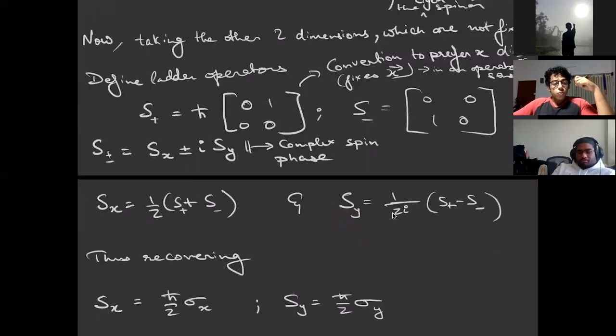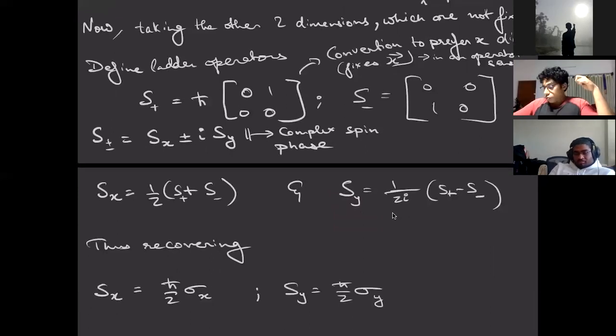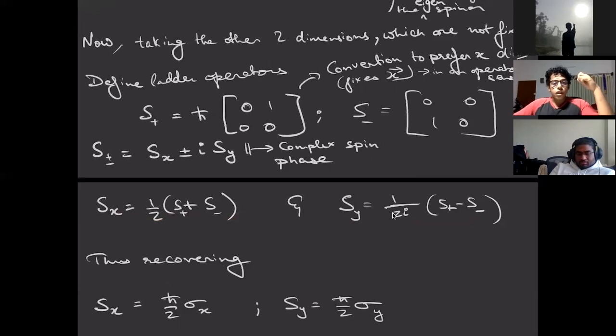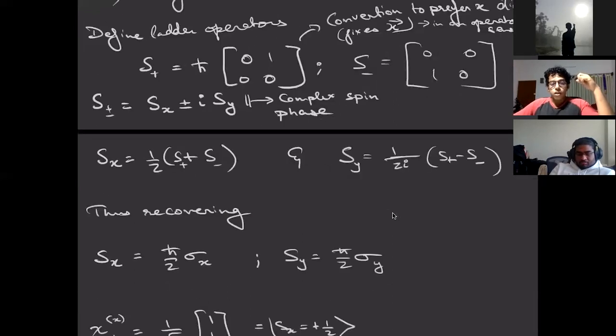All right, so now we can get back Sx and Sy by these relations, right? It's a matter of simple algebra. You just substitute and then you get back Sx and Sy in terms of the ladder operators.